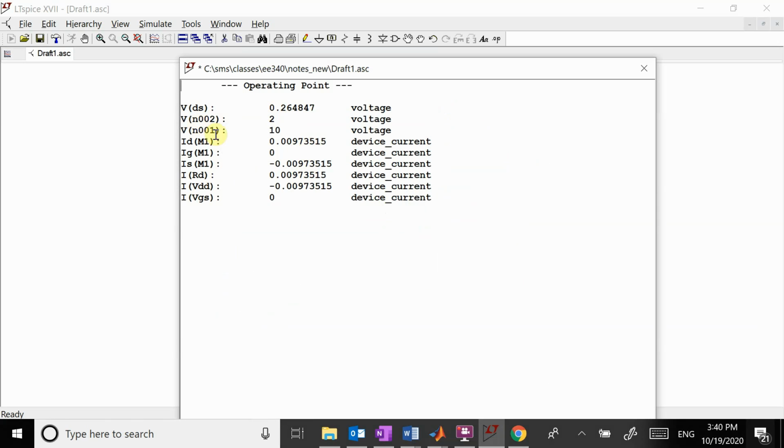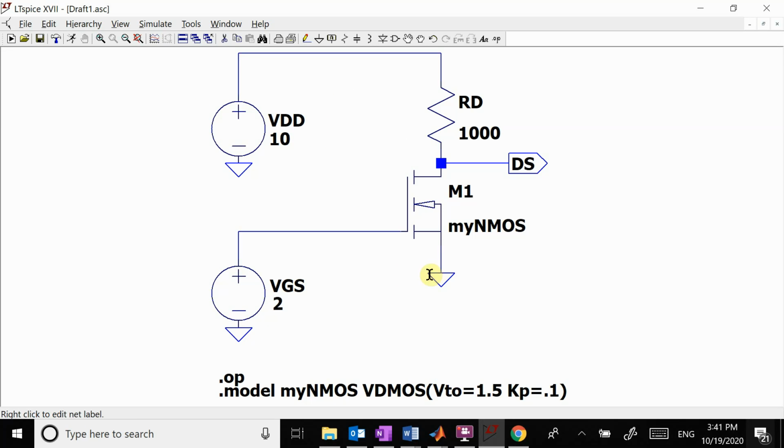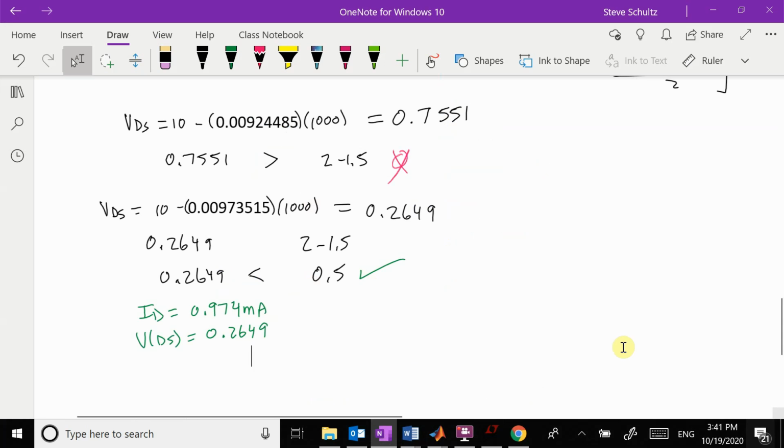Okay, so we see here that there's my ID right there, and here is my VDS. And so we would check and say, is VDS less than my gate to source minus threshold? So you see you have to do it by hand and make sure that it is actually in triode. So you can kind of see that we now know how to do it by hand, and then we can check it in LTspice.